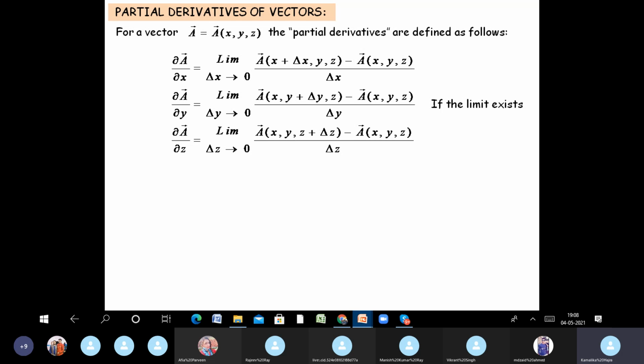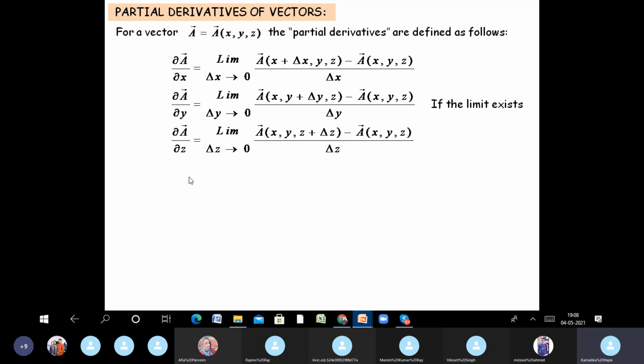Okay. So this is the mathematical definition, and to distinguish between total derivatives and partial derivatives, we write the total derivative as d, and for partial derivative we use this curved sort of a d which we call del. So when we say del A/del x or del A/del y or del A/del z, it means partial derivative.